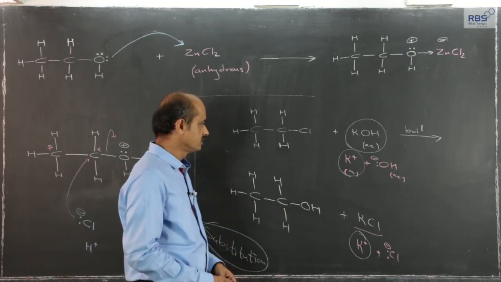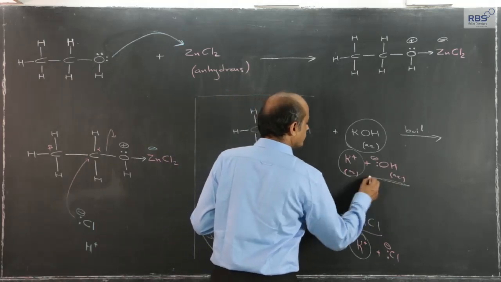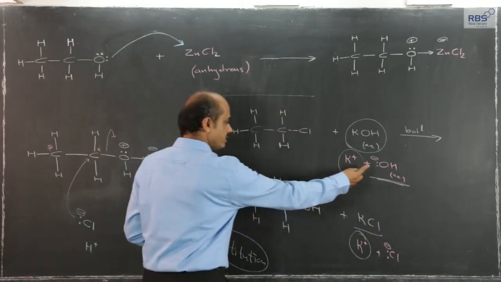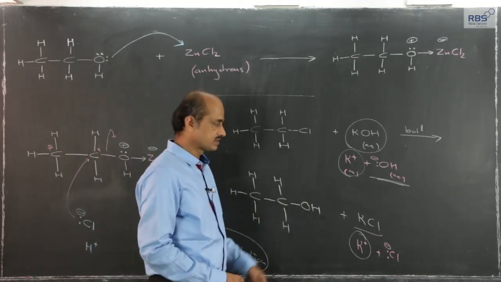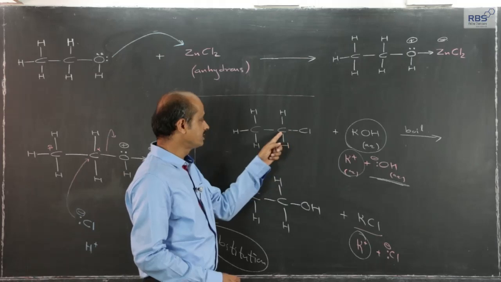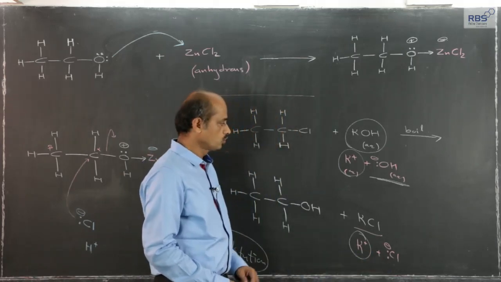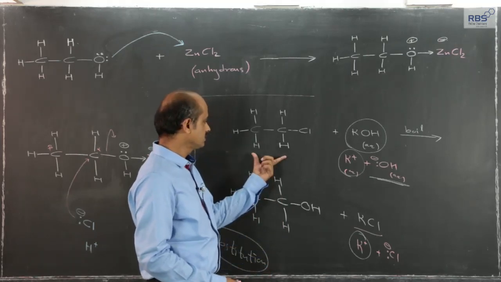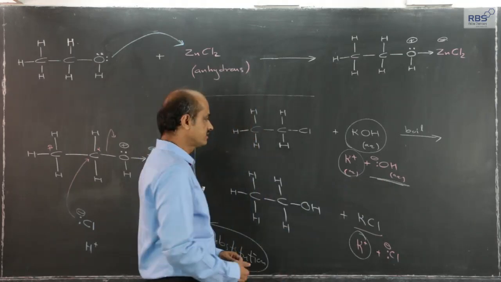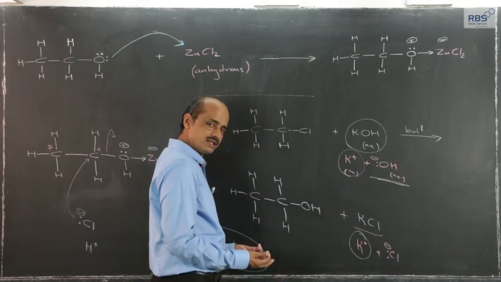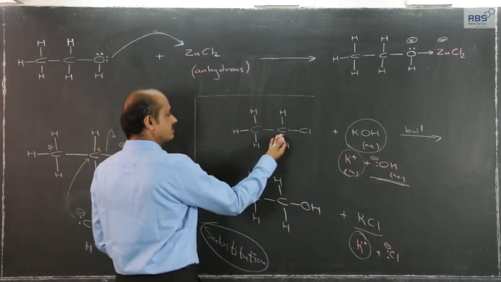Before the reaction the OH minus ion was free, now it is covalently bonded to carbon, and the chlorine which was covalently bonded to carbon is now a free ion. So the chemistry is with this ethyl chloride and free OH minus ions from KOH, which have attacked this carbon.